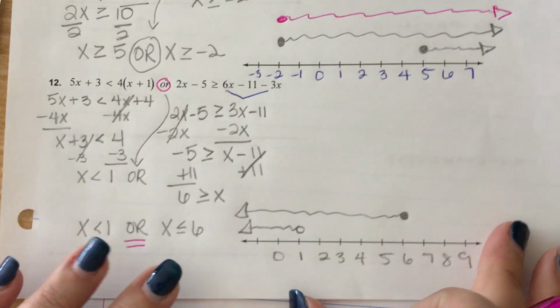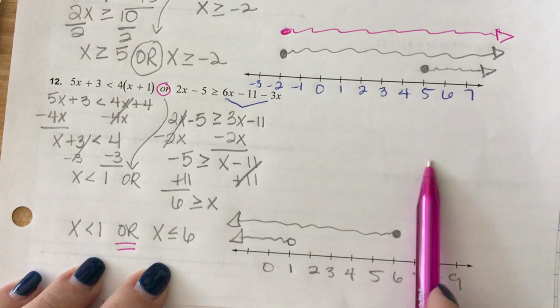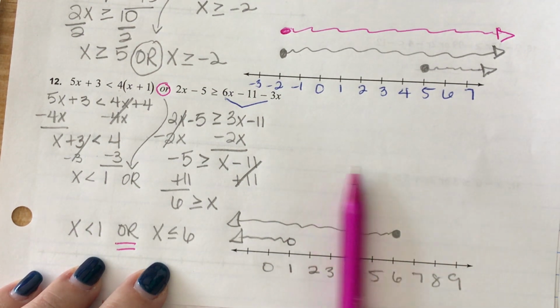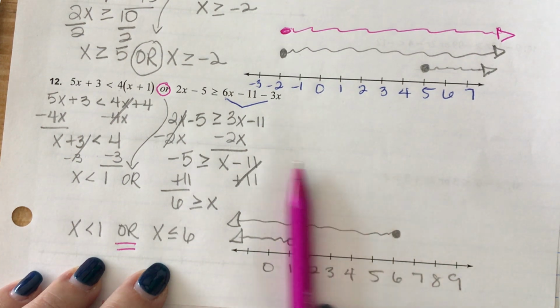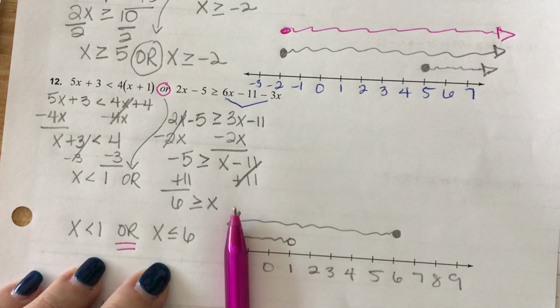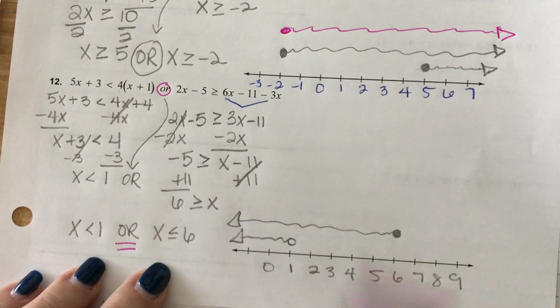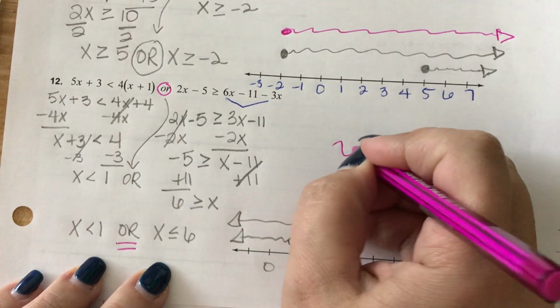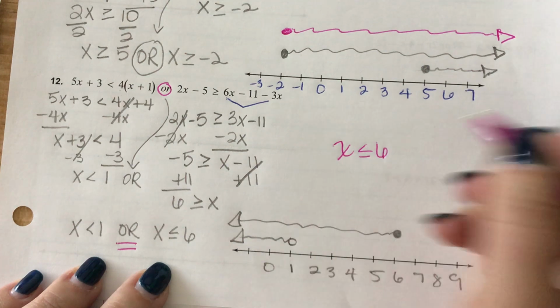So really our final answer is where at least one of them is true. Well, that starts all the way back here, right? It's the longer line. Everything from 6, including 6 and less, definitely has a solution in at least one, if not both, but definitely in at least one of these. And so our final answer here is all the x's less than or equal to 6.